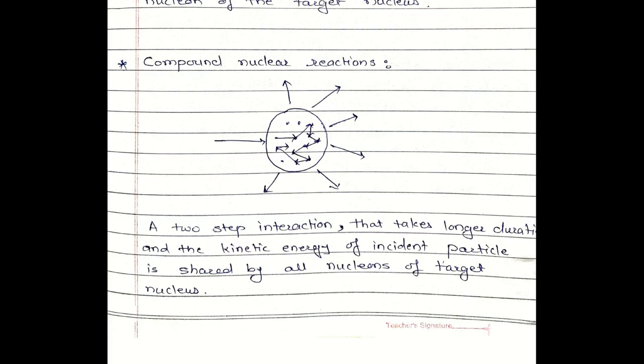After that equilibrium condition, there is no transfer of energy among these nucleons, right? So in this way, after achieving a statistical equilibrium condition, we can say a compound nucleus has been formed.